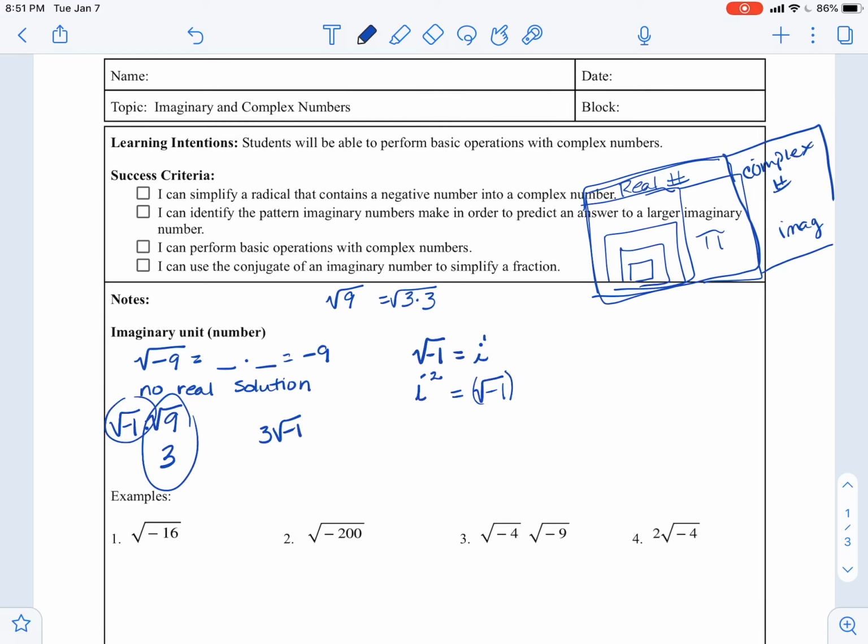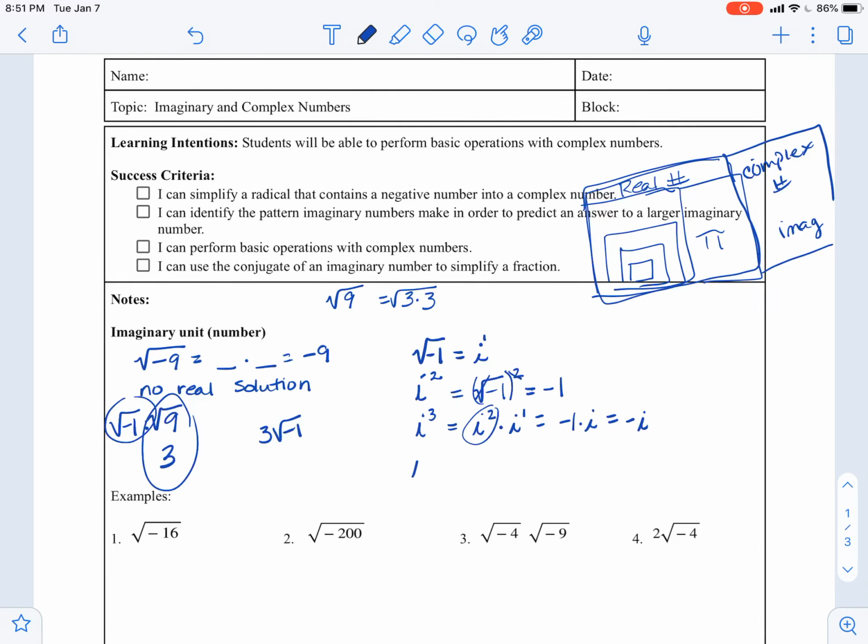And if I square, now be careful with this, if I square the square root of a negative 1, remember square and square root are opposite operations. They cancel out, and I would get a negative 1. If I do i cubed, I could think of it as an i squared times an i, which would mean I have an i squared, which is a negative 1, times i, and so i cubed can be simplified down to a negative i.